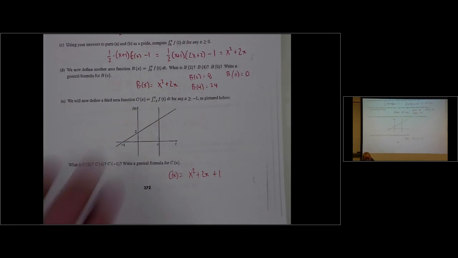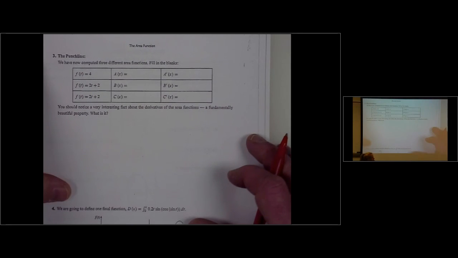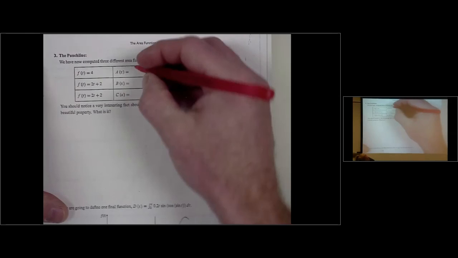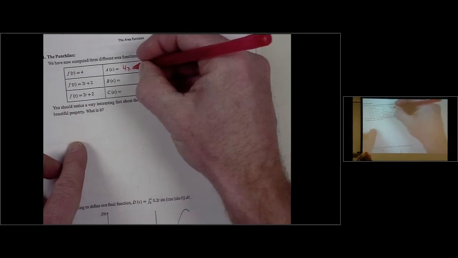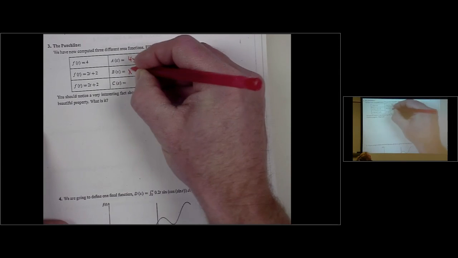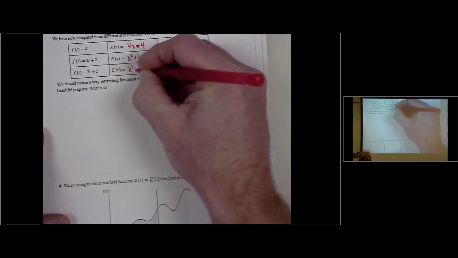Okay. So here is the big punchline. So a of x, if you go back, is 4x minus 4. I should have done that. 4x minus 4. b of x was x squared plus 2x. c of x was x squared plus 2x plus 1.